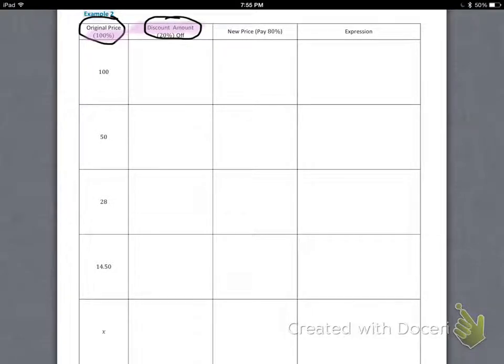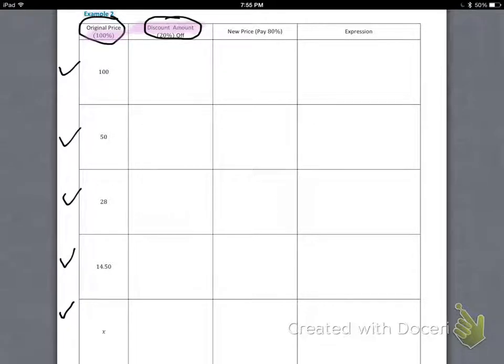That's your savings, how much money you're saving on a sale. The original prices are going to change here. You have $100, then 50, 28, 14, and at the bottom it's X, which is more or less just a formula that you'd be able to apply.